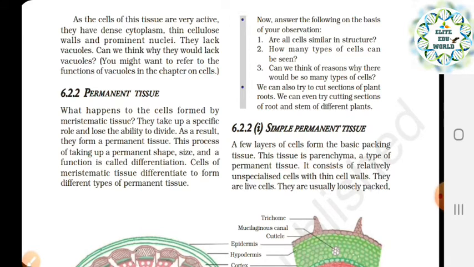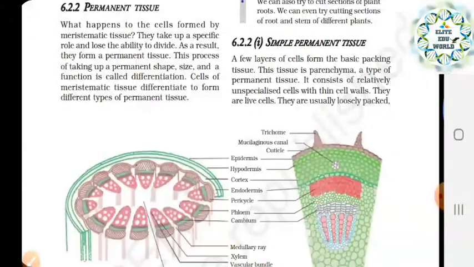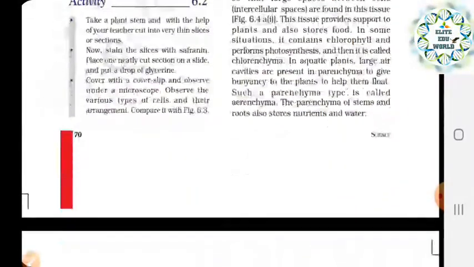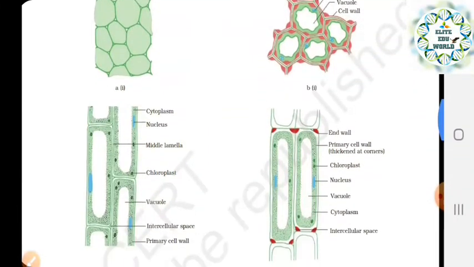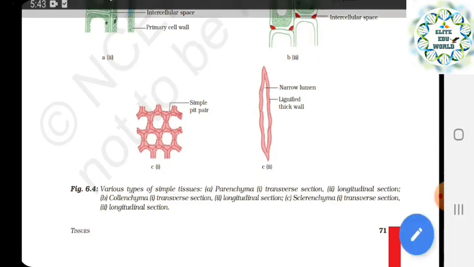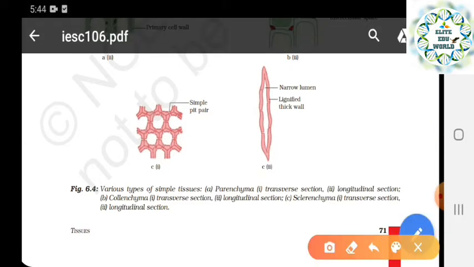Why is it called simple permanent? Because all the tissues are made of the same type of cell. We have seen three types of simple permanent tissue with diagrams. Number one is parenchyma.